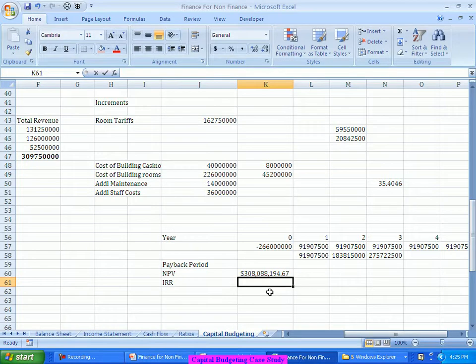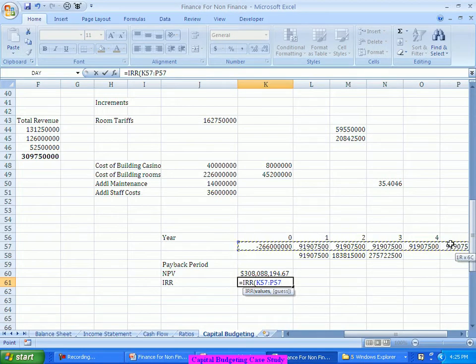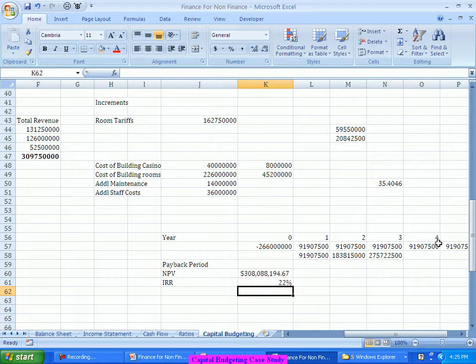That's very straightforward. So when I say IRR, all I give is today's investment and even the future benefits, including today's investment. So it is saying 22% is the return.